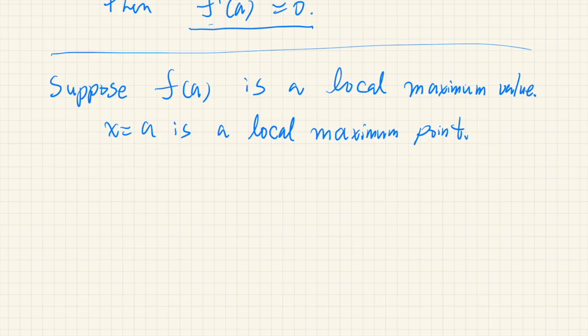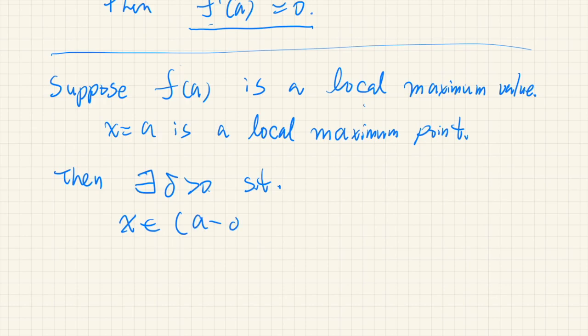According to the definition of a local maximum value, there exists some positive delta such that if x is between a minus delta and a plus delta, then f of x is less than or equal to f of a.